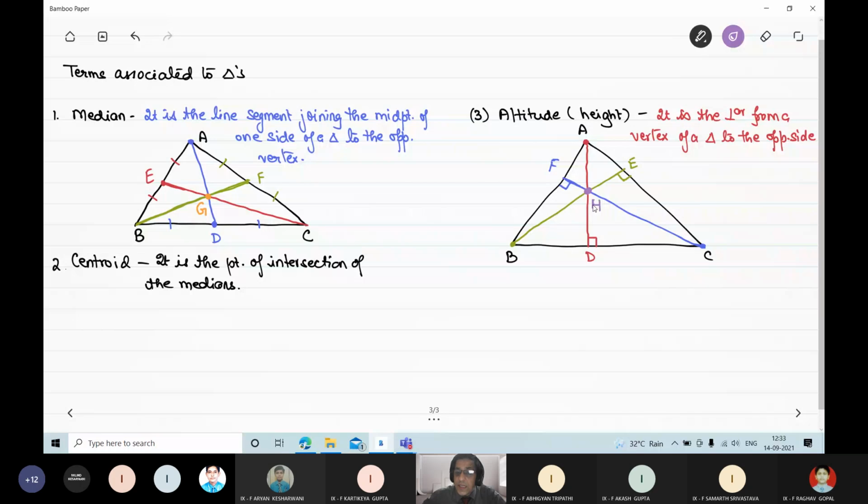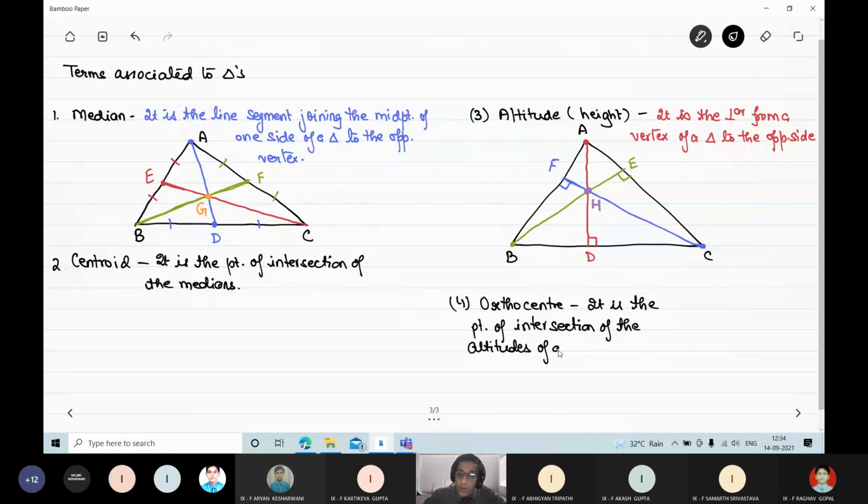This point is represented as H, and this is called the orthocenter. Orthocenter is the point of intersection of the altitudes of a triangle. Is this clear to everyone?